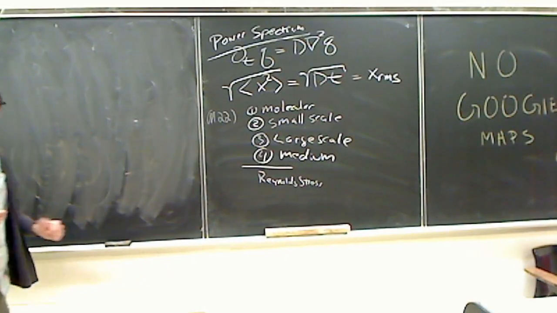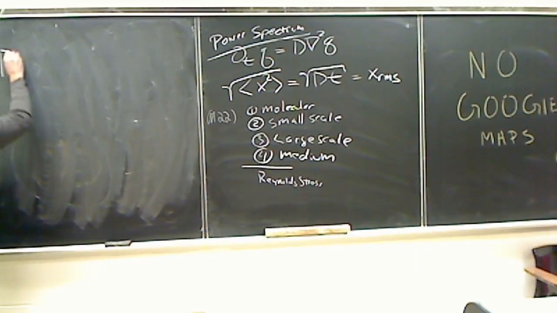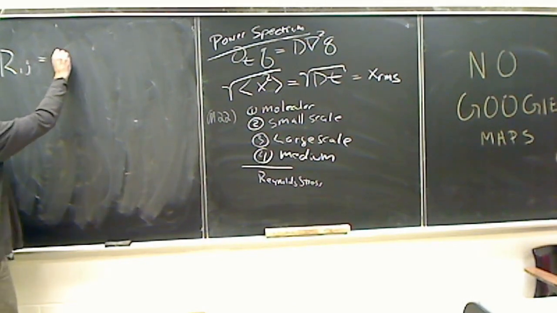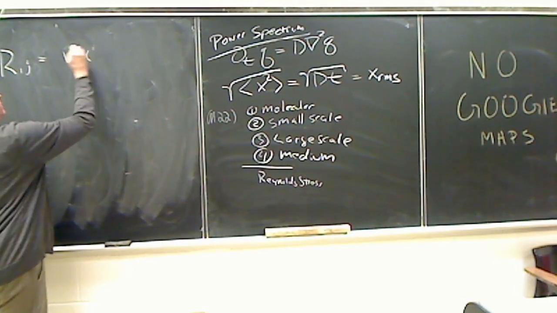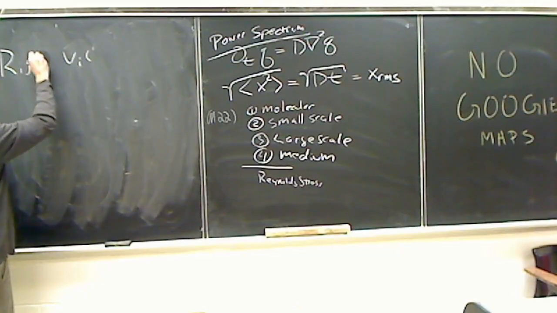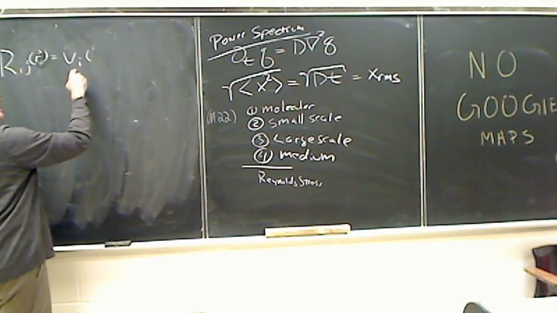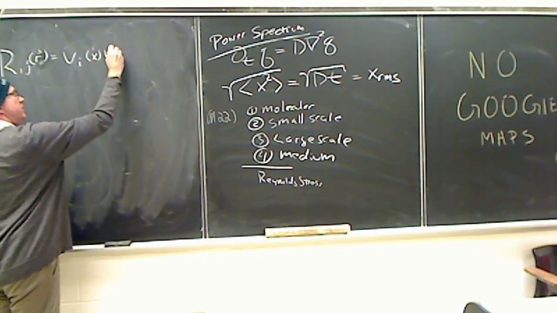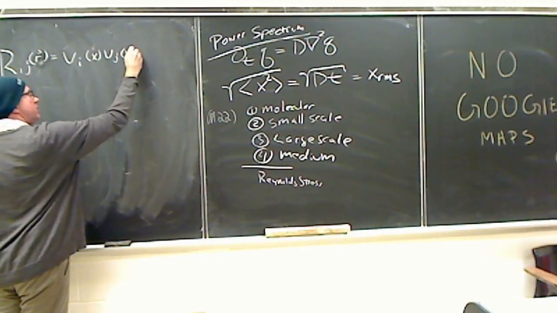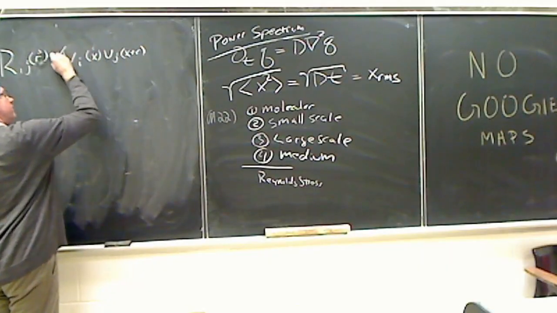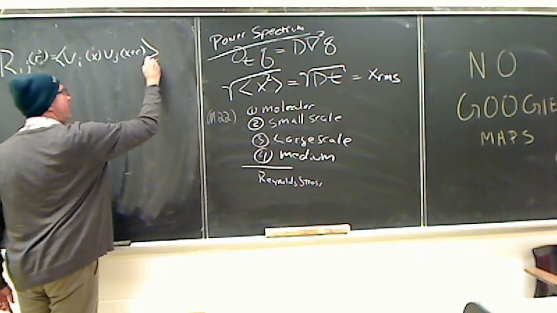So we talked about this tensor Rij, and we defined this as Vi at x times Vj at x plus R, and Rij is a function of R, and we average this over x.